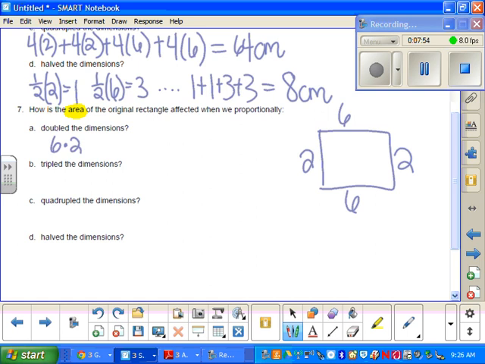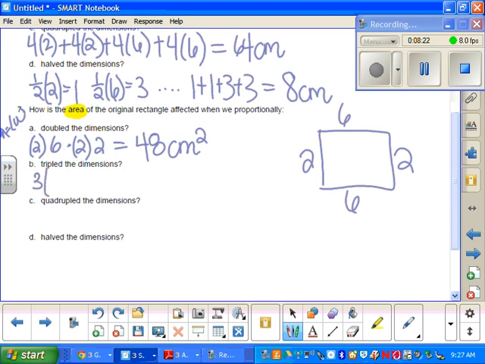So if we double the width and the length, we get a total of 48 centimeters squared for our area.